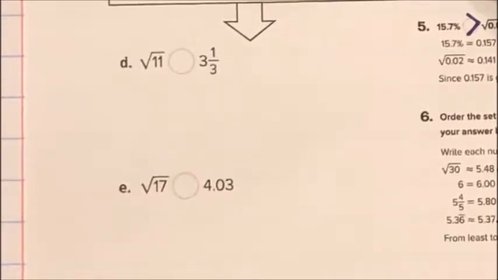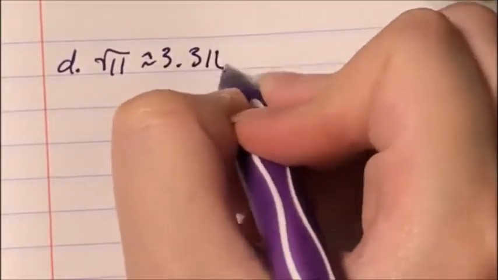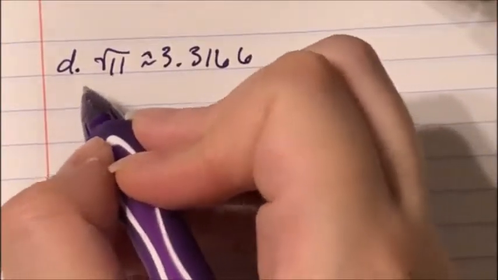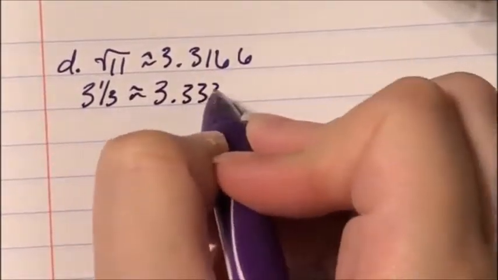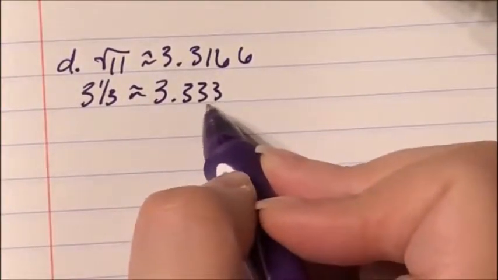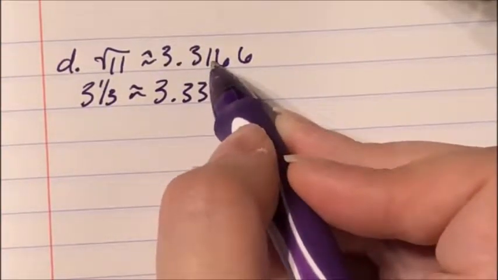All right, so the first try problem I have is D, the square root of 11, and I'm comparing it to 3 and 1/3. All right, so if I come over here to my workspace, square root of 11, I get approximately 3.3166, and I'll stop there. 3 and 1/3 is approximately 3.33, and so on and so forth. 3.333 repeating is bigger than 3.316, right?